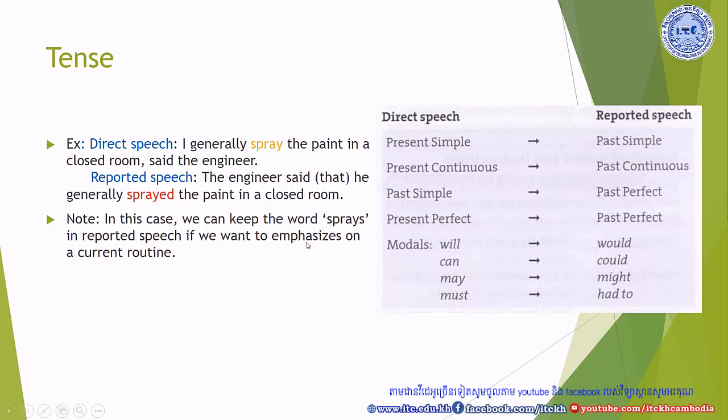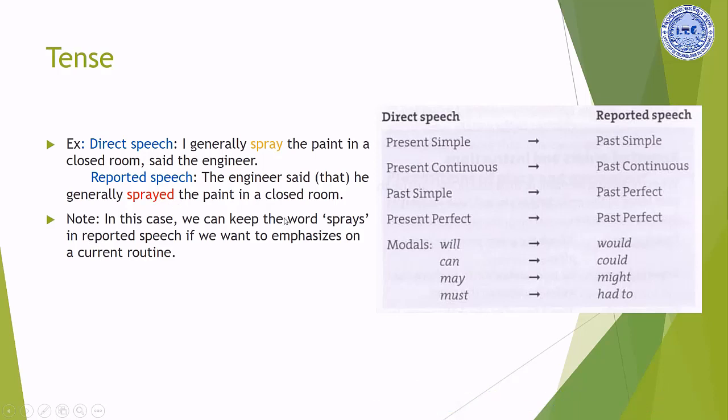It means that you want to focus on the current routine which is just happening to him. Okay, so the word spray can be kept in present simple, and spray with s here because it is used after the pronoun he.